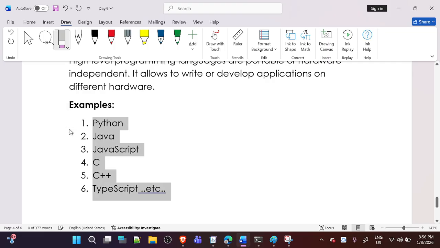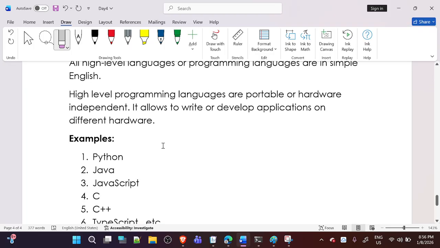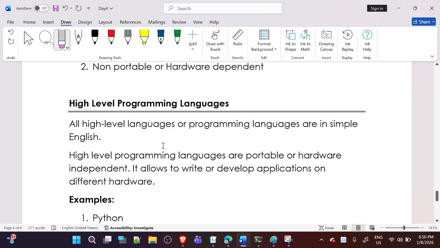Sir, English is also a high level language, right? We are talking about high level programming languages.